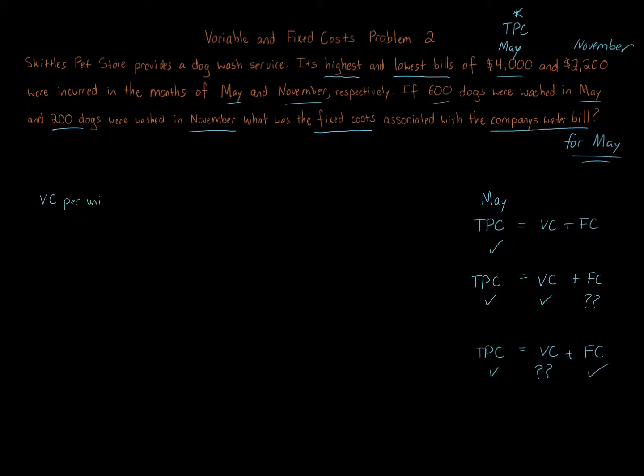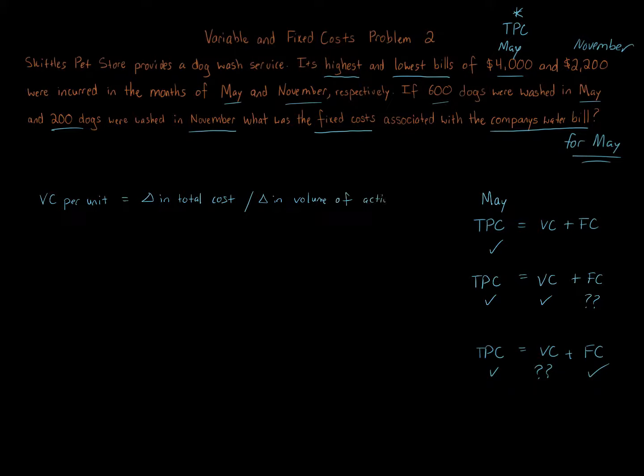So variable cost, VC, per unit. The formula here, and this is kind of backing into this, we look at the change: delta, the change in total cost, divided by the change in volume of activity.